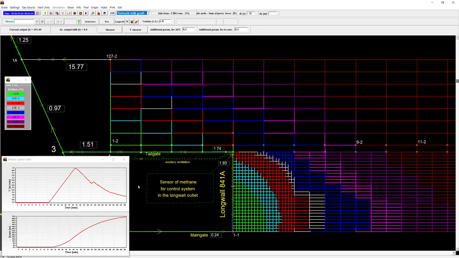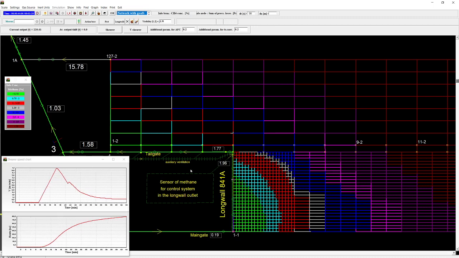As the concentration trend starts to stabilize, the changes of the cutting velocity are smaller, but the controller prevents the system from excessive methane concentration, maintaining it below the 2% limit.